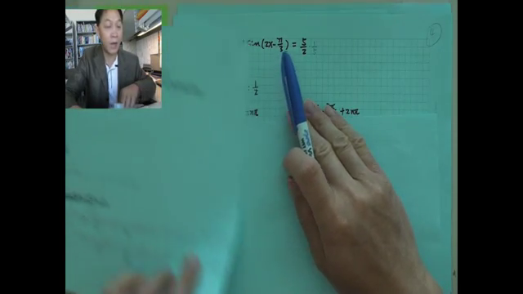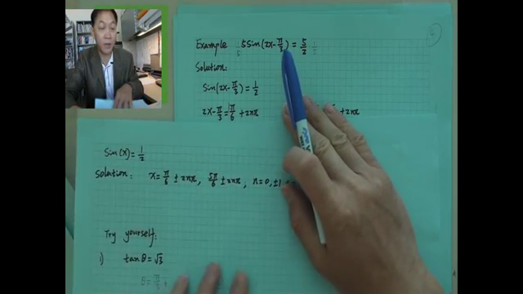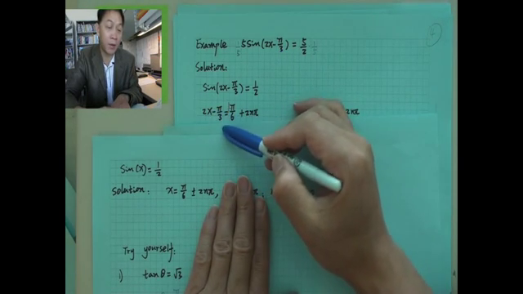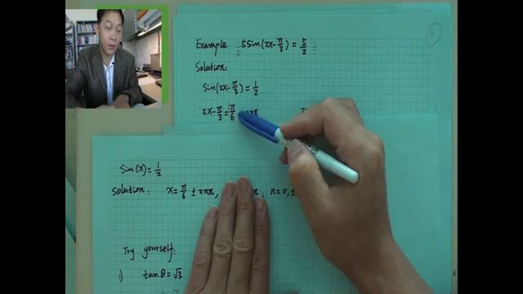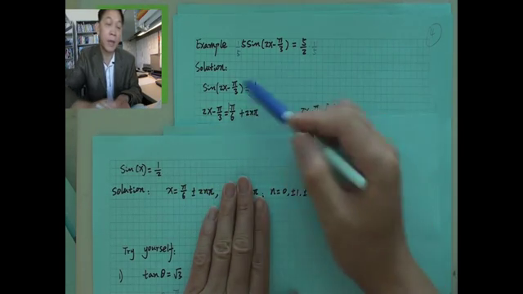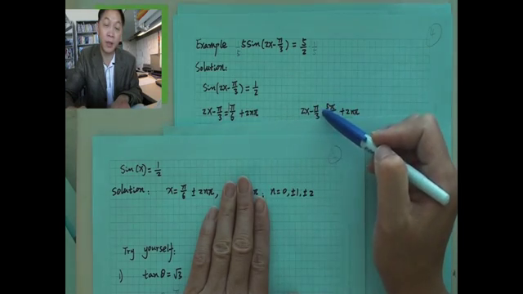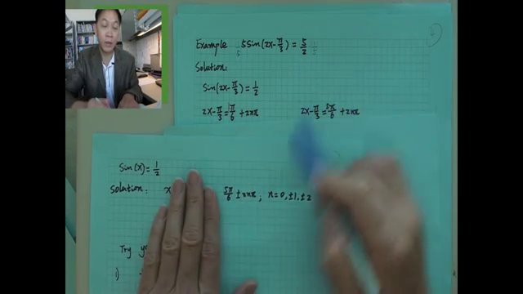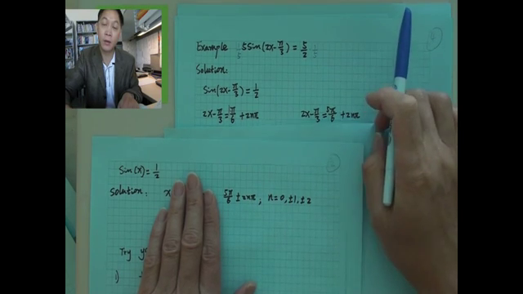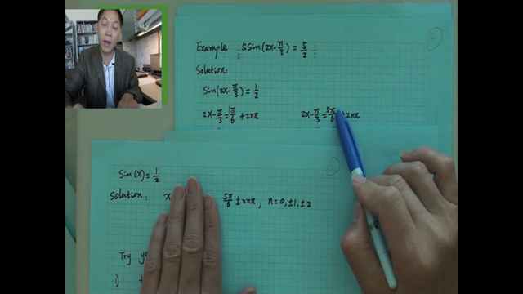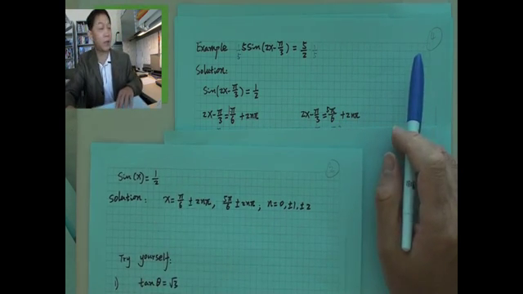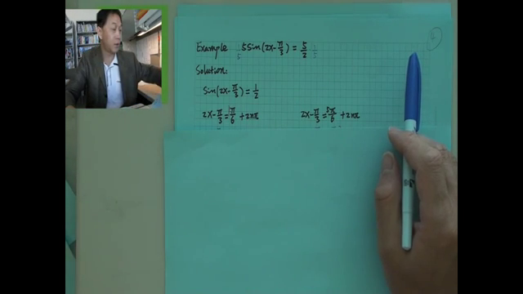One is case 1, this case: 2x − π/3 is this one, or this one. Another is 2x − π/3 equals 5π/6 plus 2nπ. It's down here. So there are 2 cases right here.